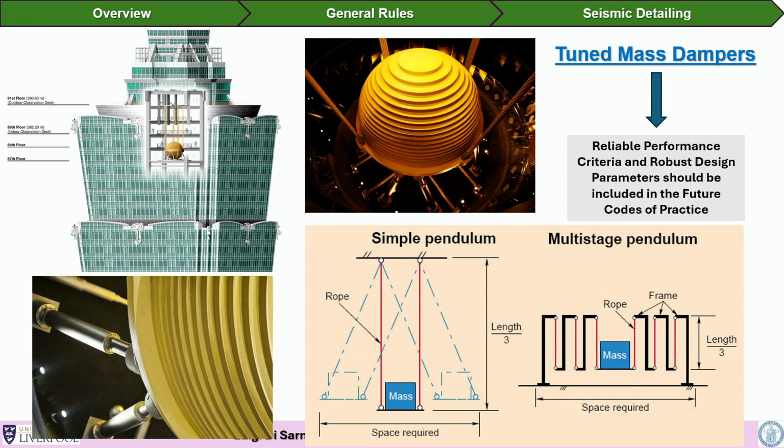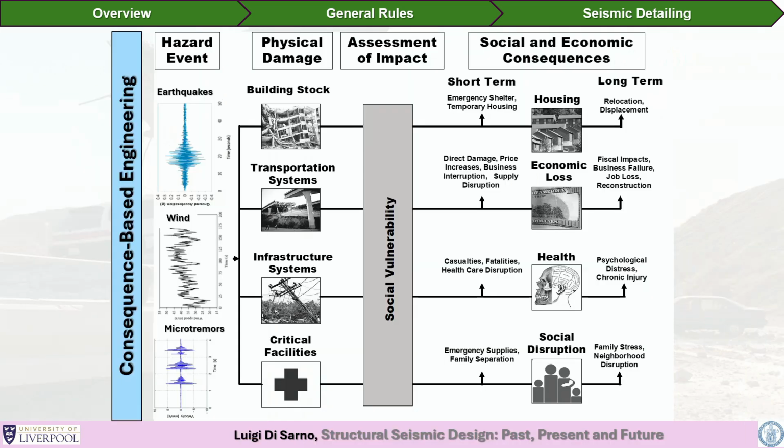Because of that, the structure will not sense large vibration. Now, it can be inconvenient to allocate large masses because you're losing rentable space. So what we designed at the time at Imperial is multiple masses distributed along the height, so that by increasing the height of the building, you can tune them at different heights. Hence, the building is not going to vibrate too much, and this is going to be more effective and convenient.